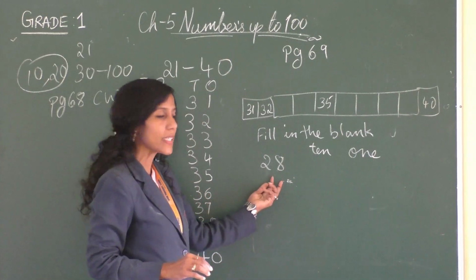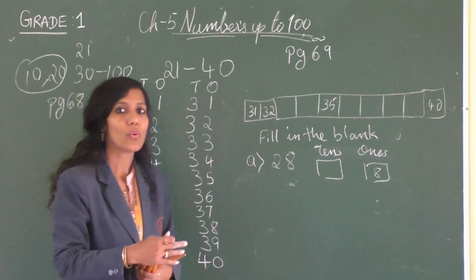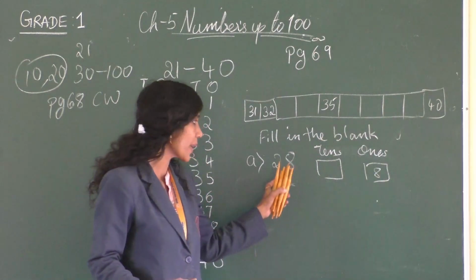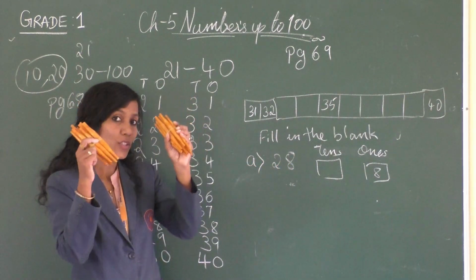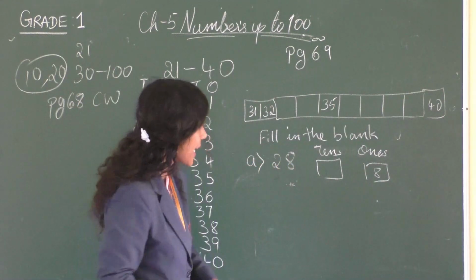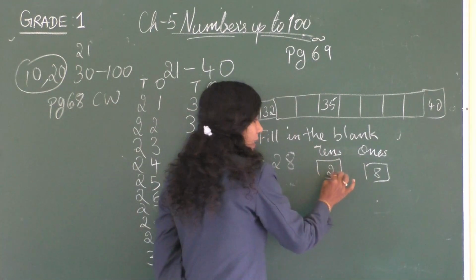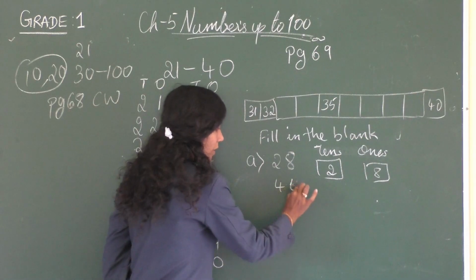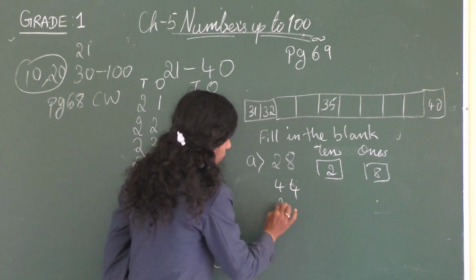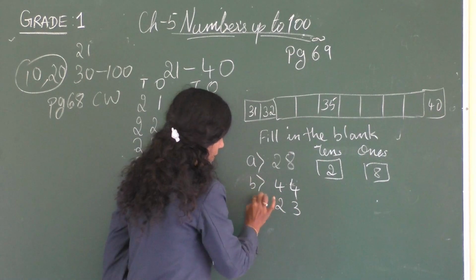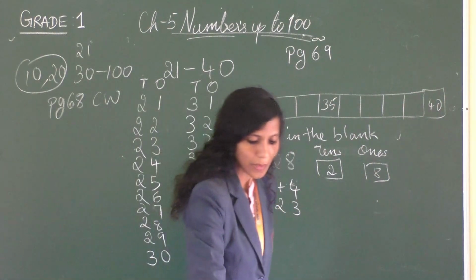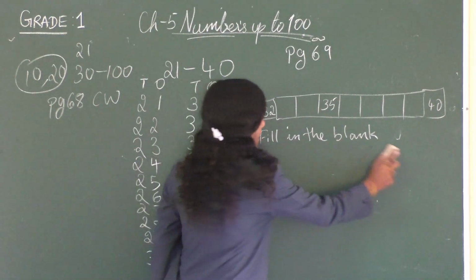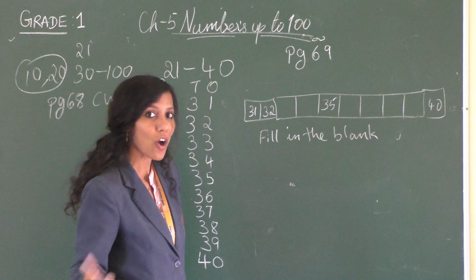How do you write 28? 20 is 2 bundles of 10, so you write 2 under tens. Similarly, you have to do 44 and 23. Finish it.